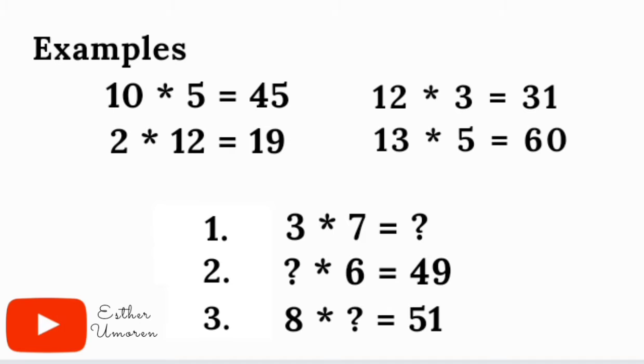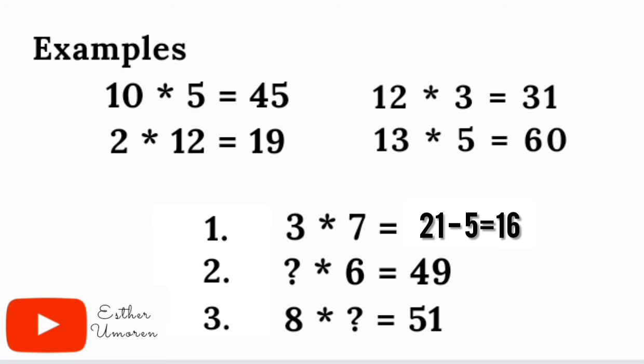Your pattern must be similar. It must flow through all of them. It shouldn't just work for some, it should work for all the examples before you can use it. For number 1, we have 3 asterisk 7. What is 3 times 7? Remember, times, then minus 5. 3 times 7 is 21, and 21 minus 5 gives us 16. So the answer to number 1 is 16.